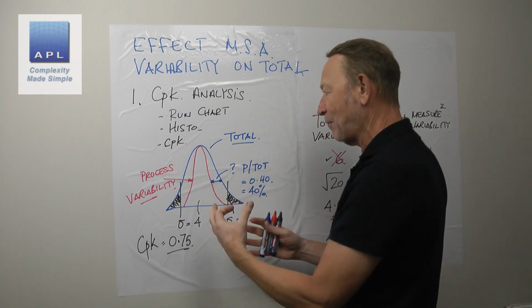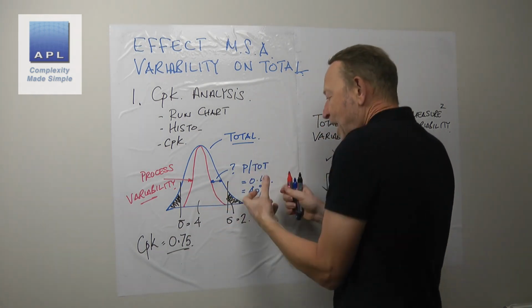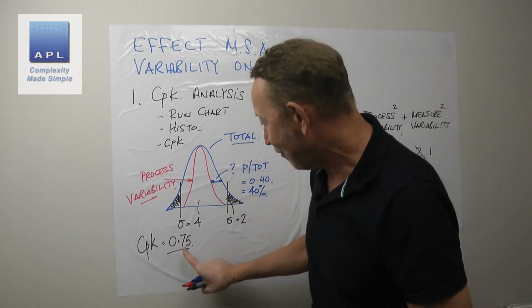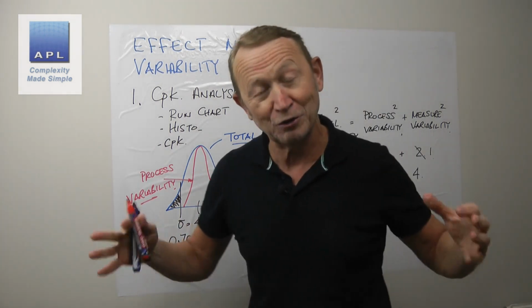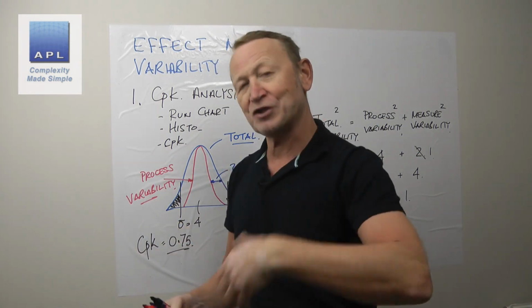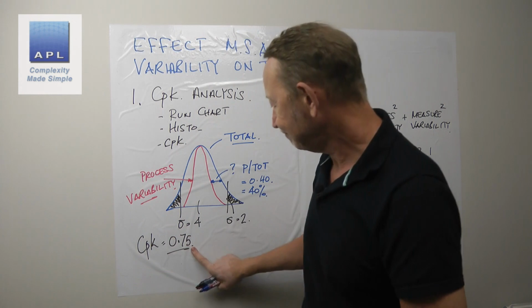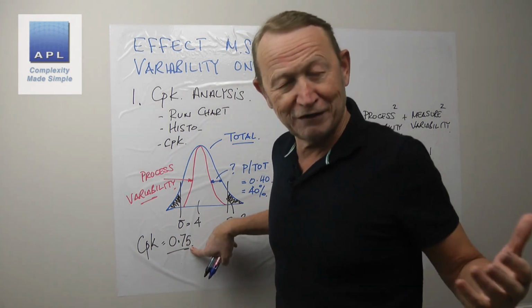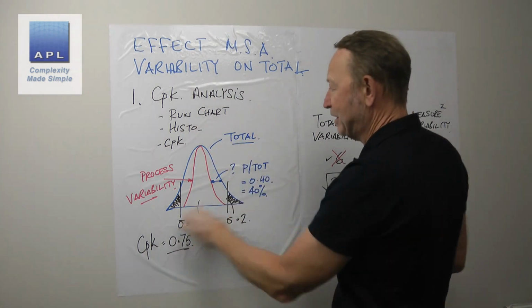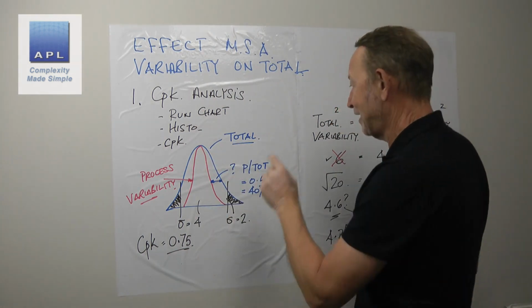Therefore, you can then make a plan. I need to attack some of this, but I'm going to have to attack some of this. And obviously the Cpk is telling you what the cost of all that is. So in other words, if you're going to spend some time, what's it going to be worth when I eventually sort this out? So total variability is made up of components like that.